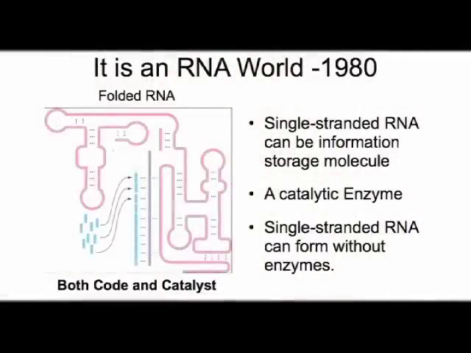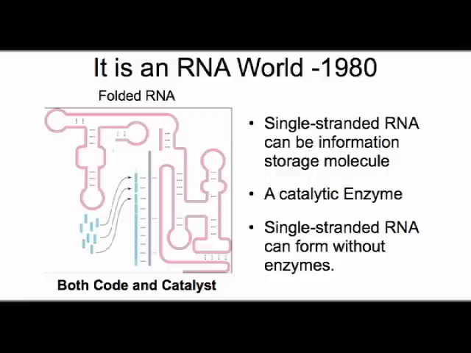Well, what happened in about 1980 is they said, we're going to ignore that problem, and we're going to say RNA, not DNA or protein, was the first original substance. They take this ribonucleic acid and say this structure, a single-stranded RNA, can actually fold back on itself by Watson and Crick base pairing.